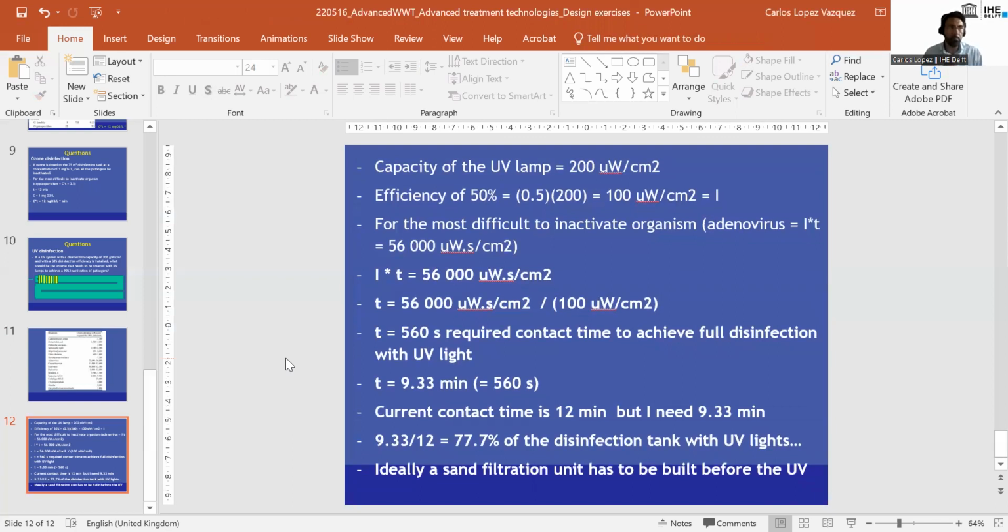If we have some particles, some suspended organic matter, something in suspension, the turbidity will hinder the light penetration, and then the efficiency of the UV system will decrease. So it is always recommendable to have the UV lights after sand filtration. In that way, we ensure a very high efficiency.